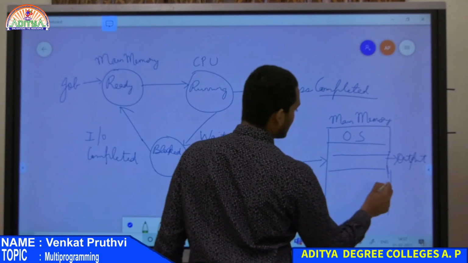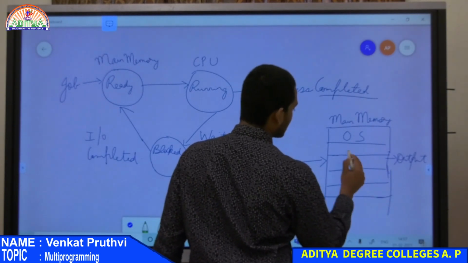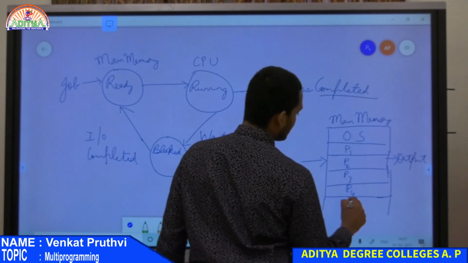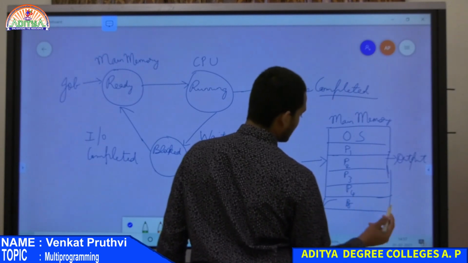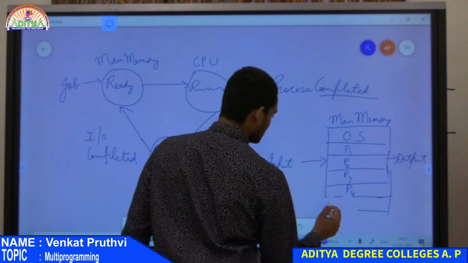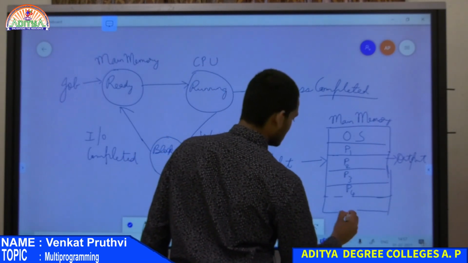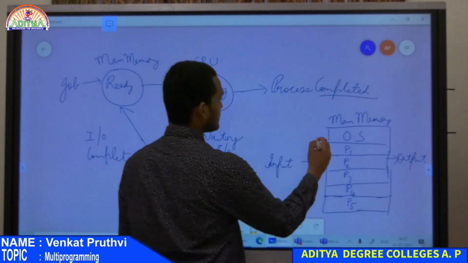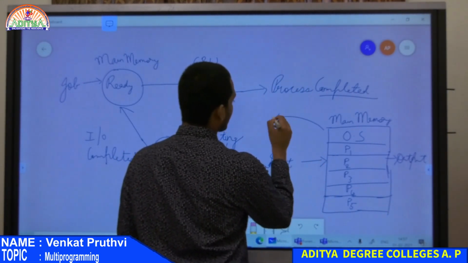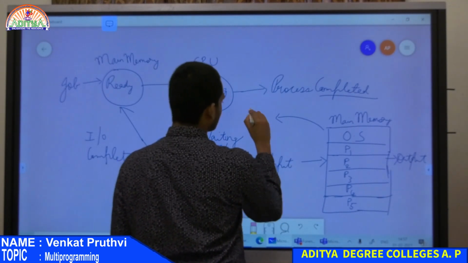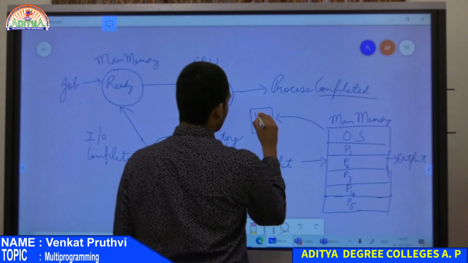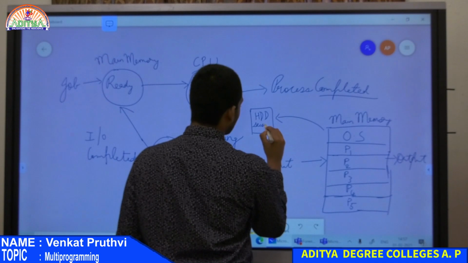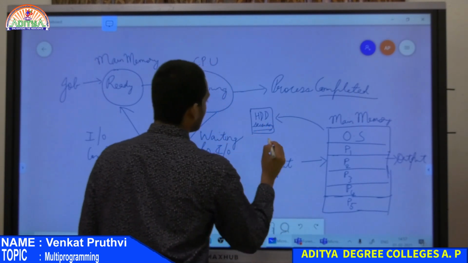And we have several other tasks that are waiting: P1, P2, P3, P4, this will be P5, and this main memory. HDD, hard disk. Let's suppose this is your secondary memory.